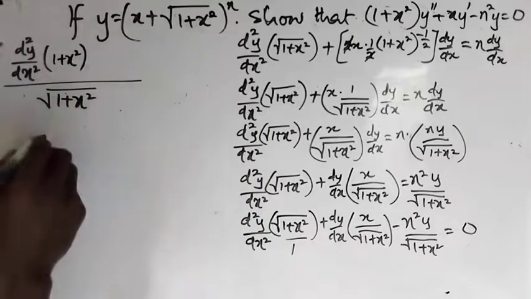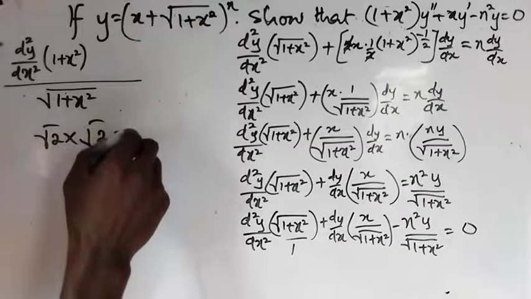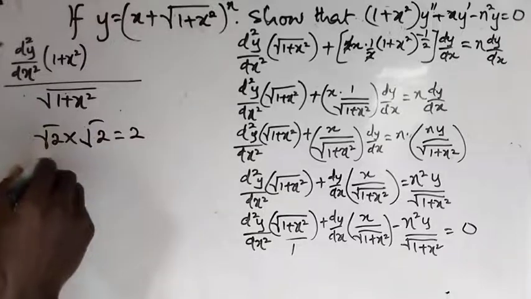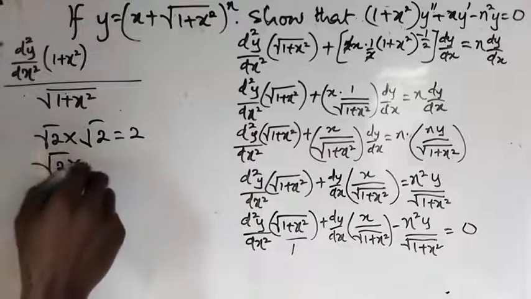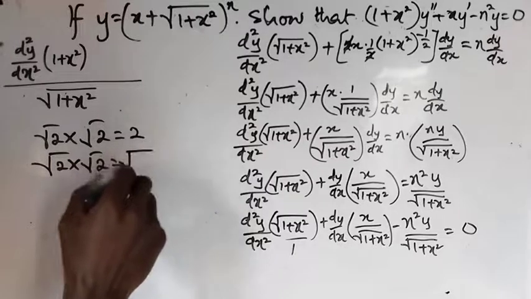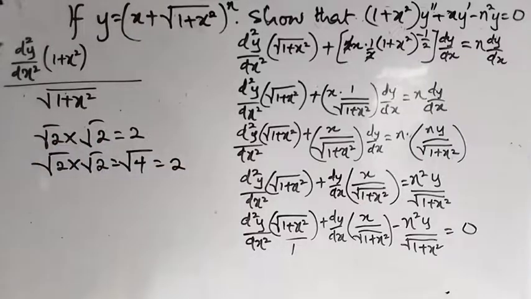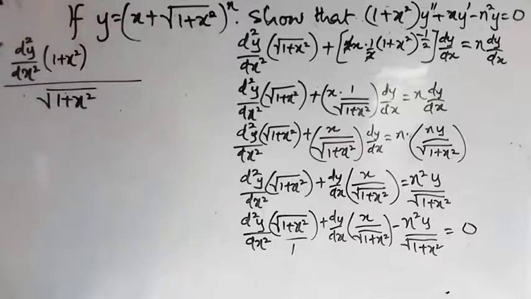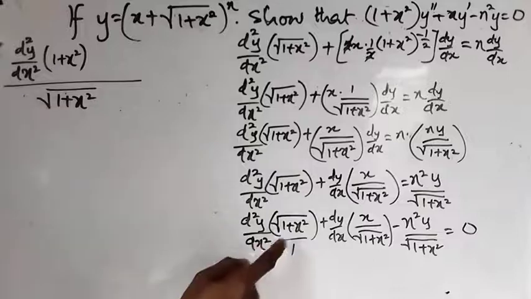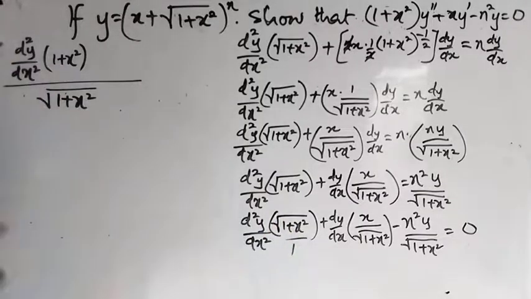We know that, remember in surds, that root 2 times root 2 will give us 2. Explaining further, root 2 times root 2 gives us the square root of 4, which is 2. So the same application is applicable in this case. So this times this, since they are the square root and the same factor, there we have it.